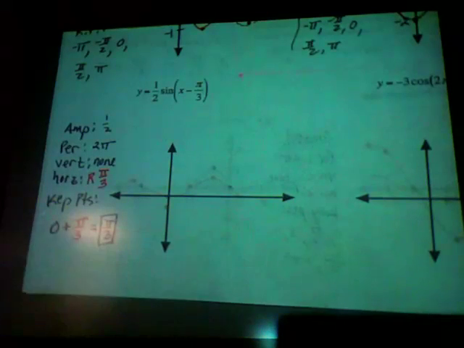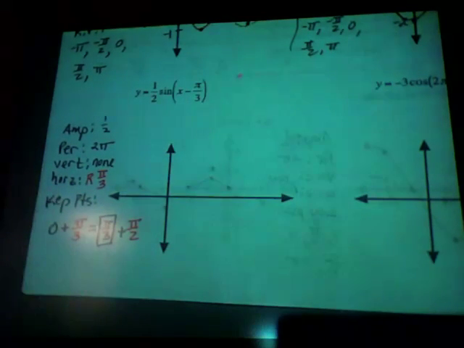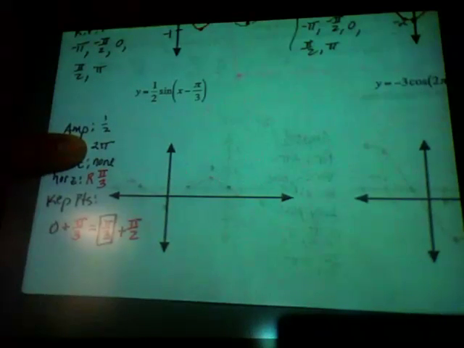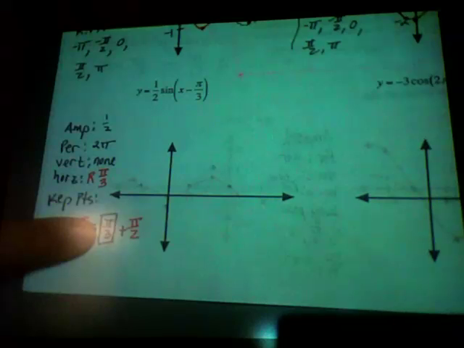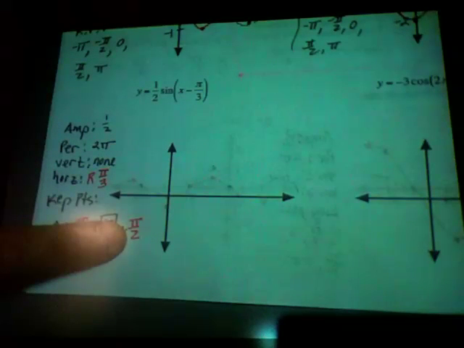So I would choose to add, instead, this time, pi over 2. I mean, you can do it either way, it doesn't matter. Where are you getting the pi over 2? Because my period is 2 pi, right? So if I divide that by 4, I should be counting by half pi's, right? So if that's my first starting point, I'm going to add a half a pi to that.